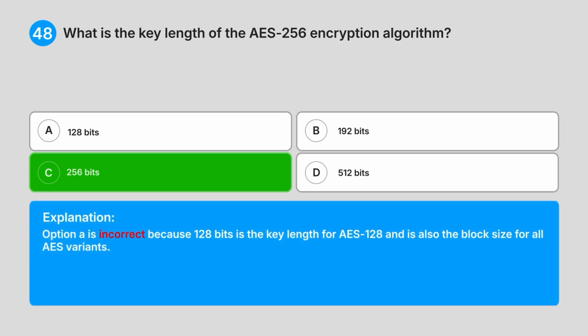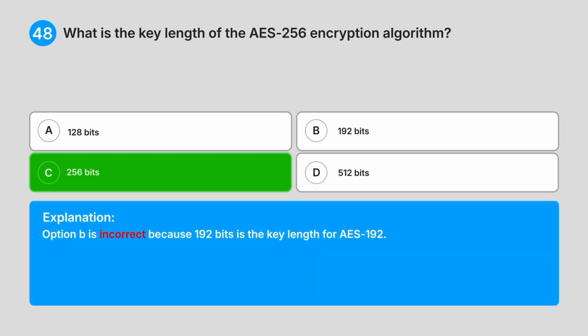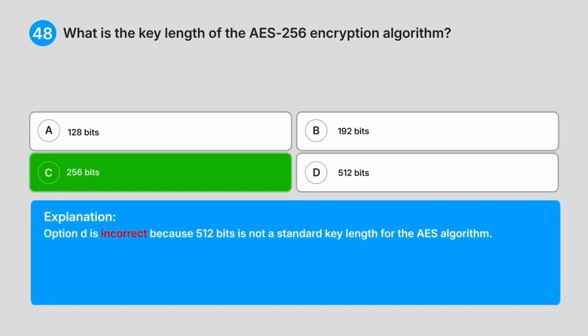Option A is incorrect because 128 bits is the key length for AES 128 and is also the block size for all AES variants. Option B is incorrect because 192 bits is the key length for AES 192. Option D is incorrect because 512 bits is not a standard key length for the AES algorithm.